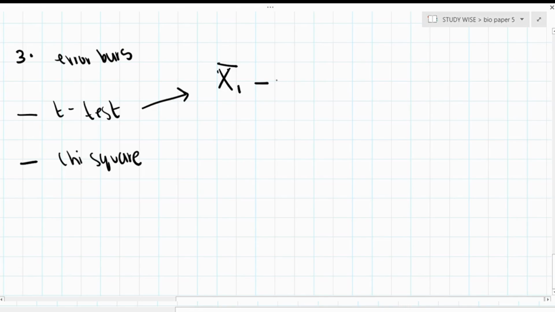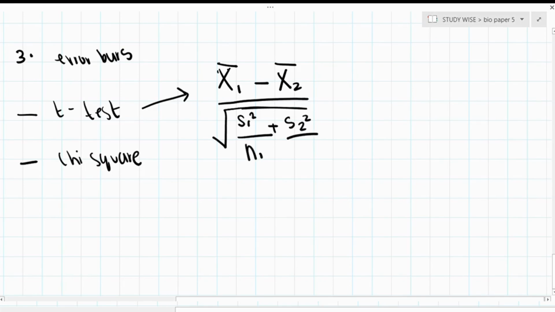The mean of sample 1 minus the mean of sample 2. Basically you're comparing between two means, over the square root of standard error 1 squared plus standard error 2 squared, with the number of samples of sample 1 and the number of samples of sample 2.